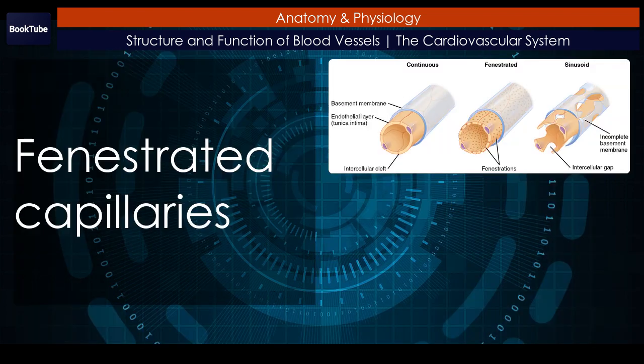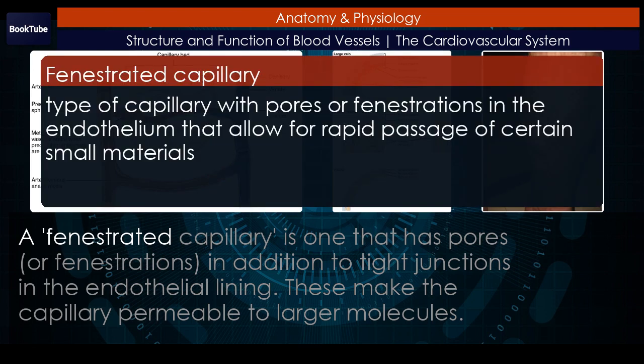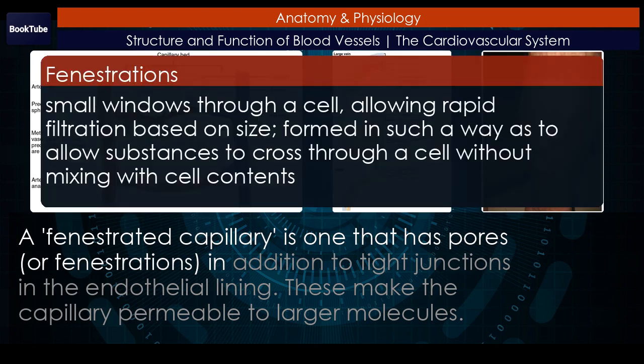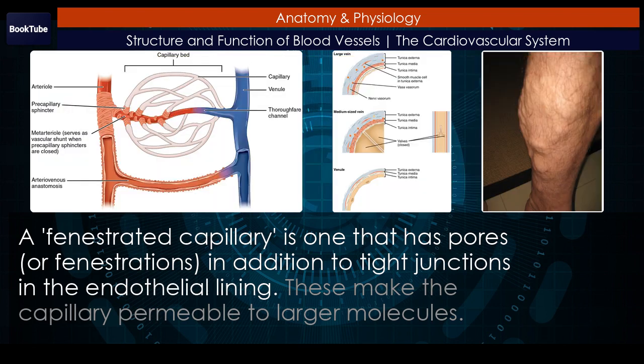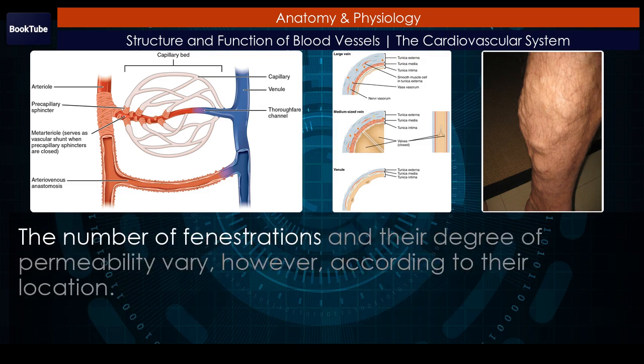Fenestrated capillaries. A fenestrated capillary is one that has pores, or fenestrations, in addition to tight junctions in the endothelial lining. These make the capillary permeable to larger molecules. The number of fenestrations and their degree of permeability vary.